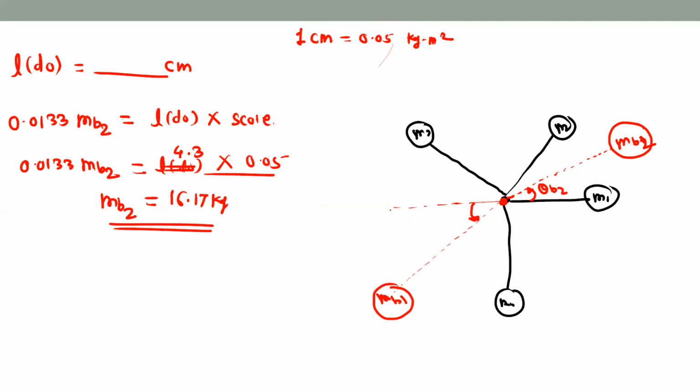This angle is theta B2, with respect to the negative x-axis. This angle you will get directly from the force and couple polygon. So this is the complete graphical procedure to find out the balancing masses and their angular position. I hope you have understood this.